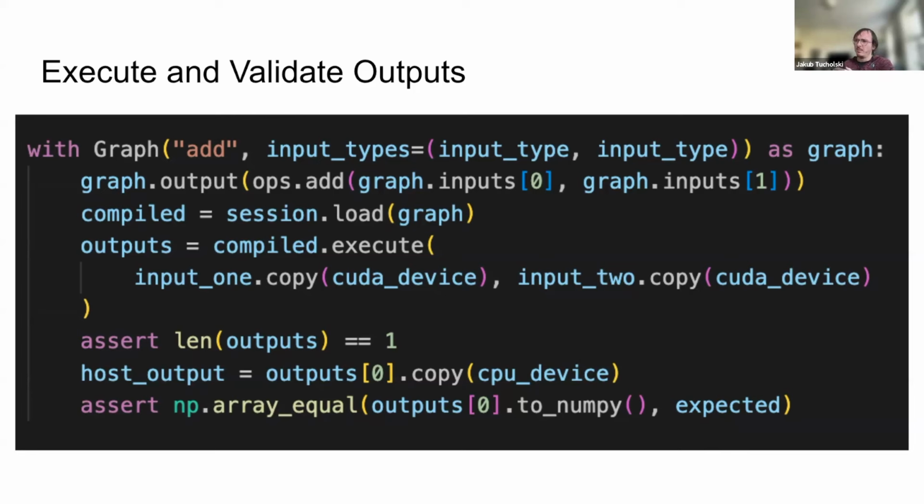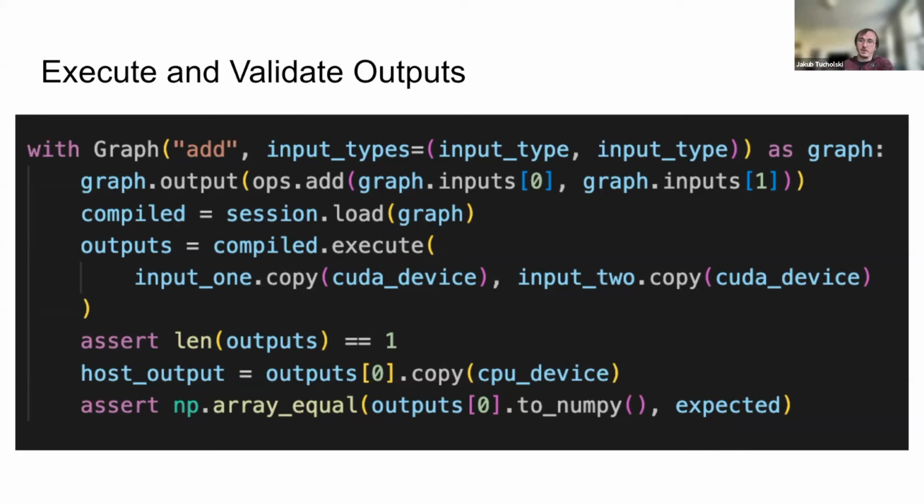But basically here, we essentially load the defined graph directly onto the device. We compile it, then we actually execute the compiled graph on the device with the inputs resident on the device itself.